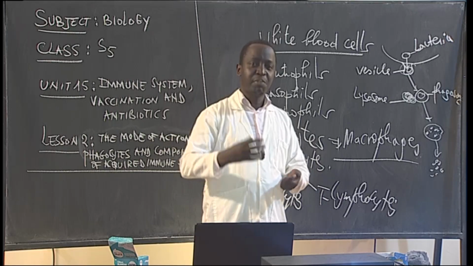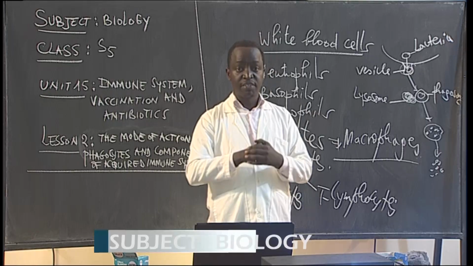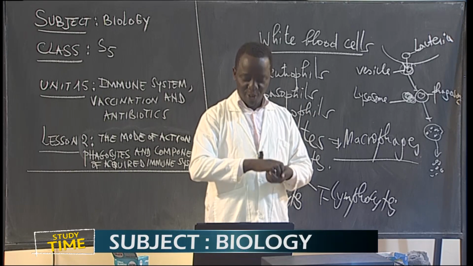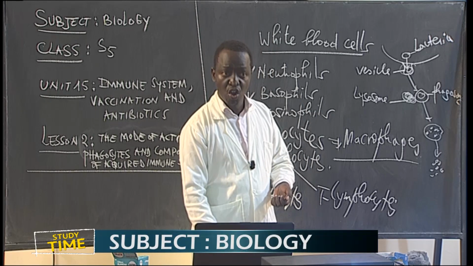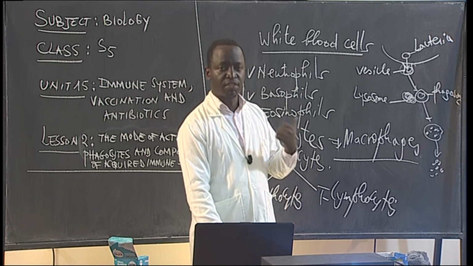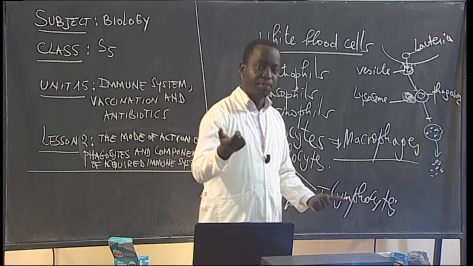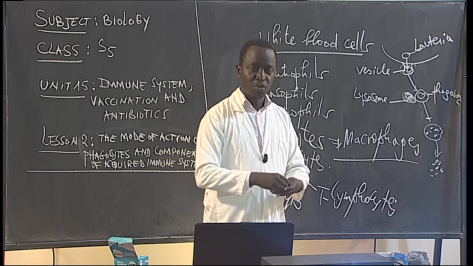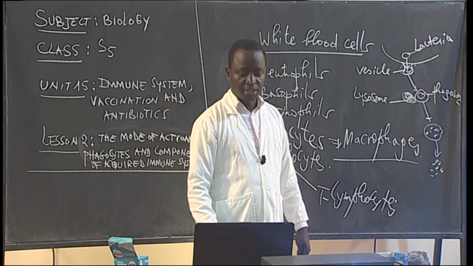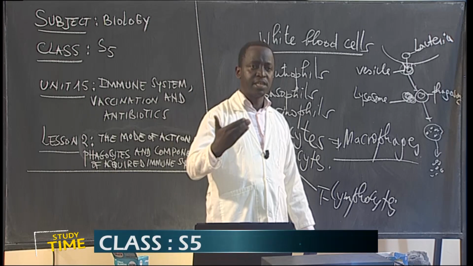What is the role of plasma cells? They are there just to produce antibodies. You see? So those are the main responses of the humoral immunity. It's just to activate B cells. B cells, when they are activated, they do produce antibodies. Then antibodies are going to help to fight against what? The diseases. So now we have the cell-mediated immune response.